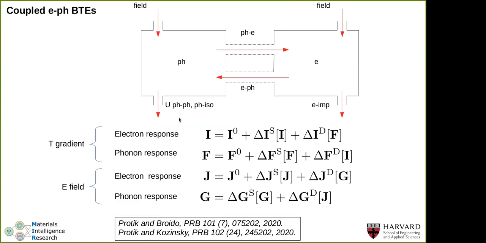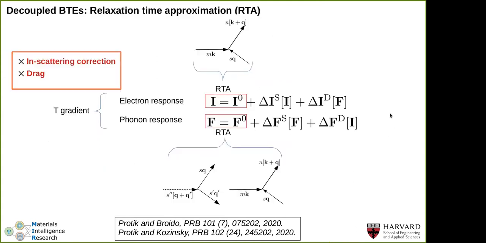Mathematically, you could write down these BTEs in the form of these response functions to the applied temperature gradient field or the electric field. The details of what goes into these functionals are given in these two papers, and I invite you to read those if you're interested.